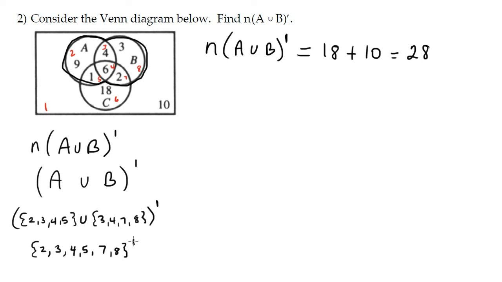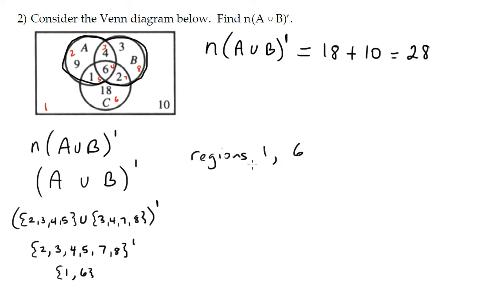Now this asks for the complement. So literally we want everything else. Every other region. What's missing from the set 1, 2, 3, 4, 5, 6, 7, 8? There's 8 regions here. Which ones are missing? Region 1 is missing, and region 6 is missing. So those are regions 1 and 6.